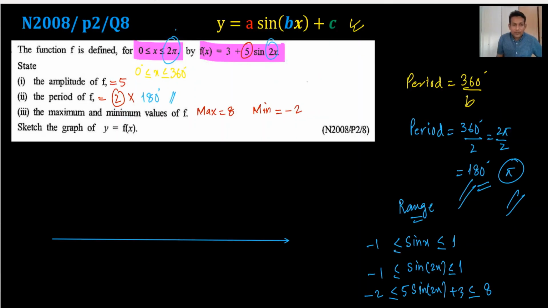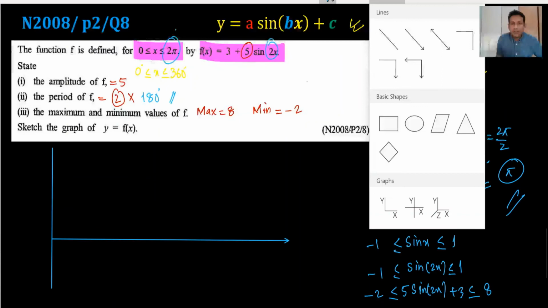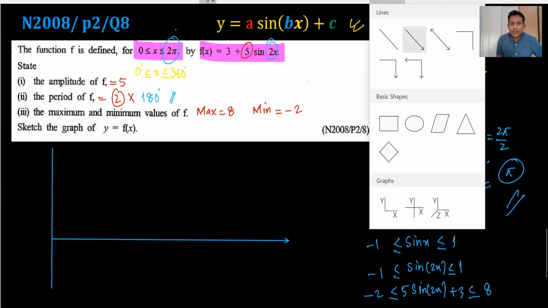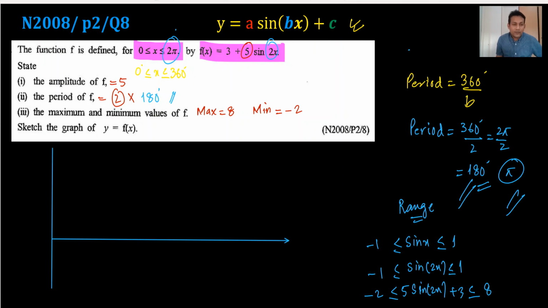And maximum is 8, which means I have to move further up. What is the axis of the curve? 3 is the axis of the curve. So I would like to estimate here where 3 is.